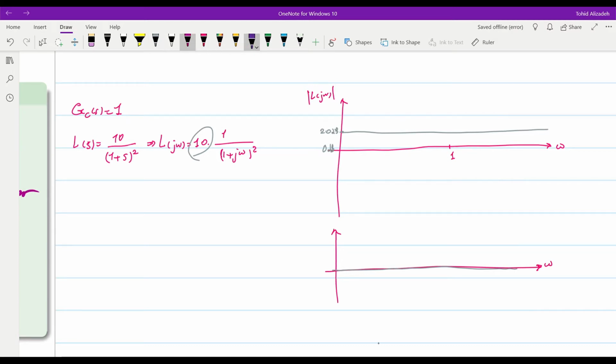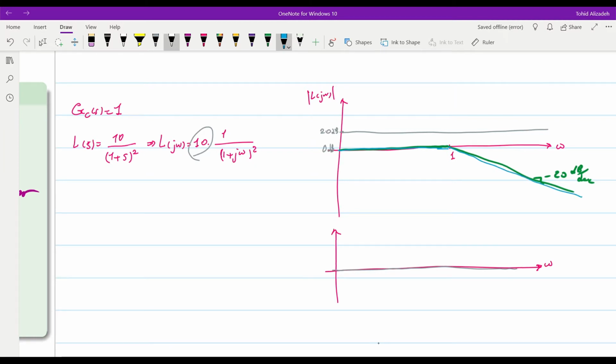For each one, we will have amplitude almost equal to 0 up to omega equal to 1, and then we will have minus 20 dB per decade. Since we have 2 poles at that frequency, we need to consider it 2 times.